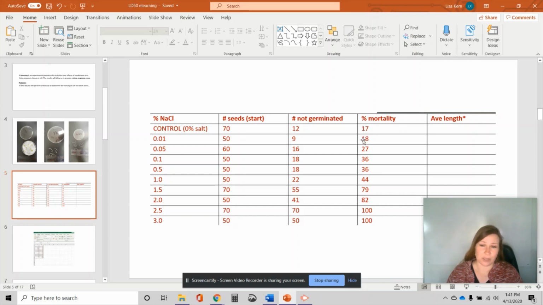So is the salt really affecting the seeds at this 0.01% concentration? I would say if it is, it's probably not much. And if we had a much larger sample size, we might even find that that amount of salt doesn't have any impact at all. So then we have increasing concentrations, and you probably should expect that we'd have increasing mortality.